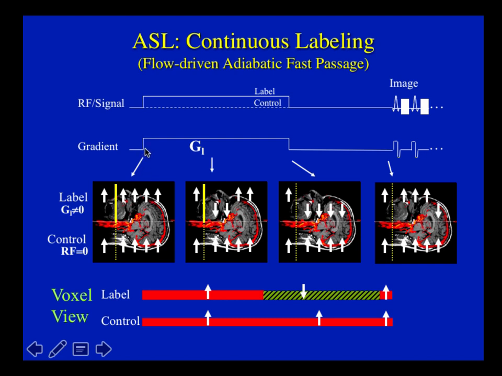Here's an example. At the beginning of the experiment, blood on both sides of the tagging plane has magnetization along the z-axis, not affected at all because we just started the experiment.